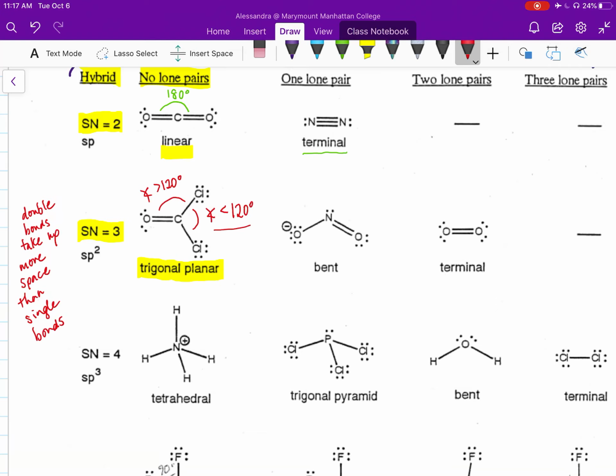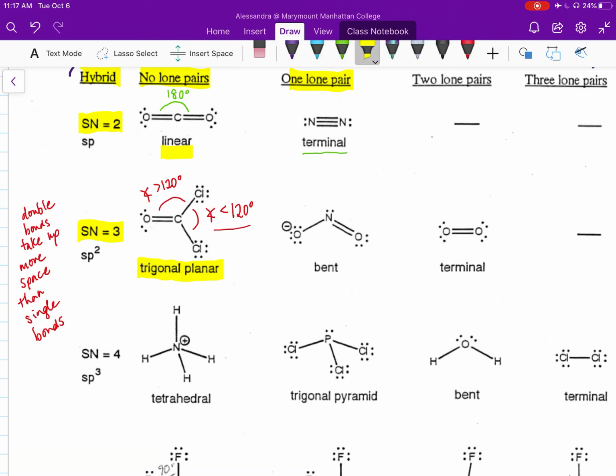Now, if you have a substituent number of 3 and you have one lone pair on the central atom, like in this NO2 minus ion here, in that situation, you end up with a bent geometry for the molecule.